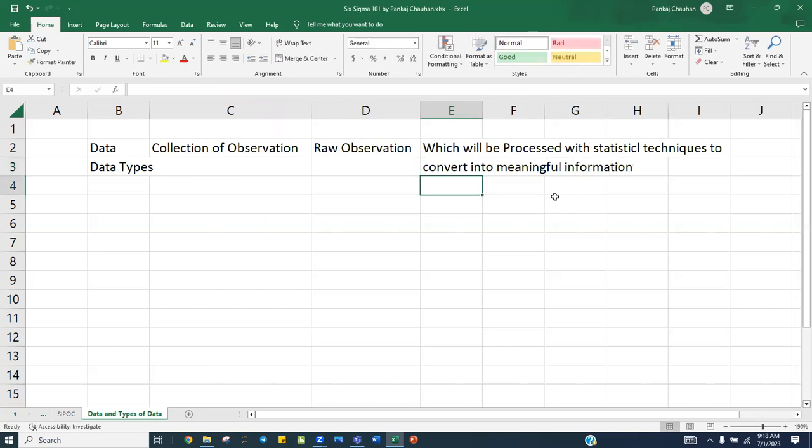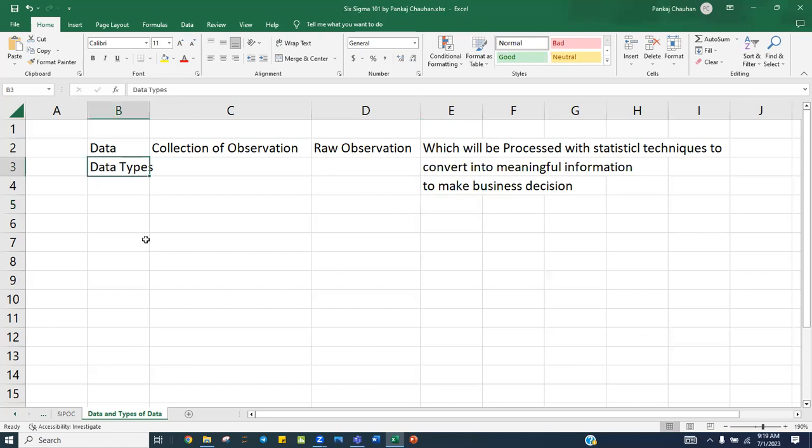And what will we do with this meaningful information? We will use it to make business decisions. This is the definition of data. Data is a collection of observations or raw observations which we are collecting. You process these raw observations with the help of statistical techniques, convert them into meaningful information, and then this meaningful information will be used to make business decisions.